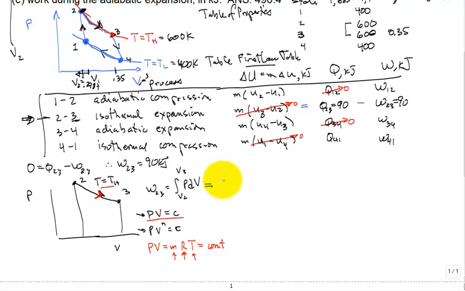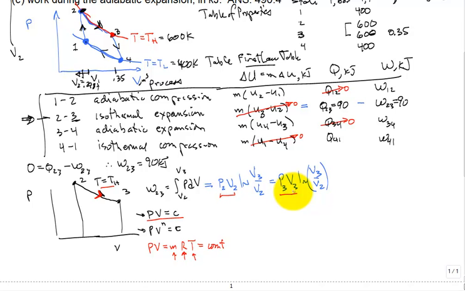It's going to be that we have P2V2 natural log of V3 over V2. Or you could say, no, I thought it was P3V3 natural log of V3 over V2. They're both the same because P2 times V2 is equal to P3 times V3. So these are the same equations.